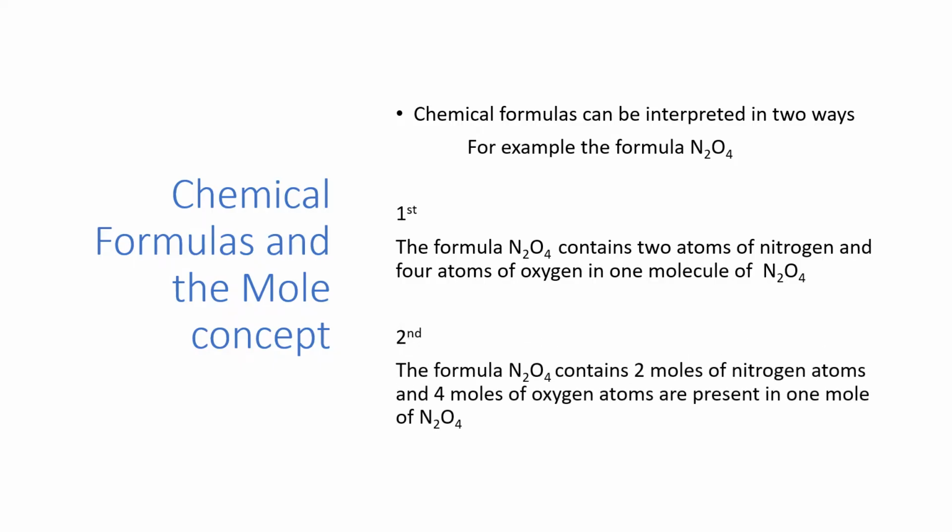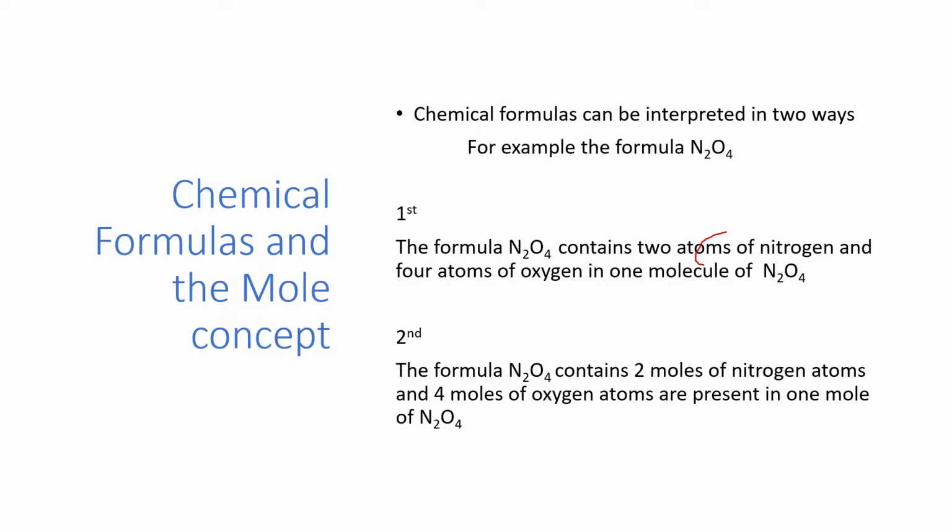Second interpretation, the formula of N2O4 contains 2 moles of nitrogen atoms and 4 moles of oxygen atoms, which are present in 1 mole of N2O4. So basically, in the first interpretation, we're just focusing on the number of atoms in the compound.